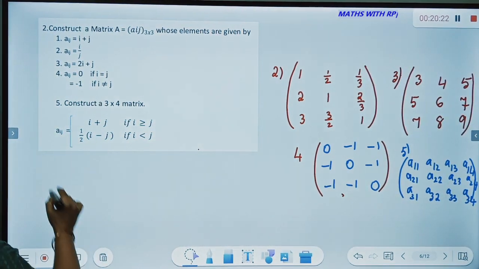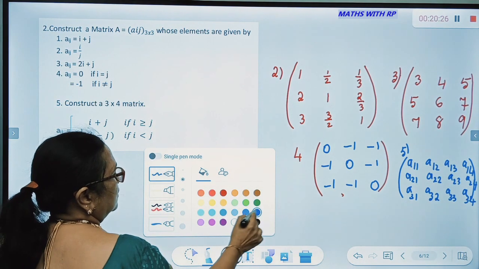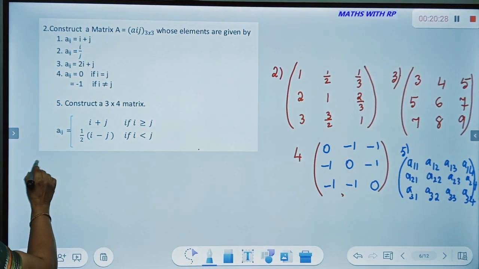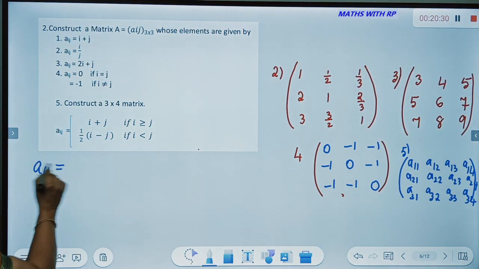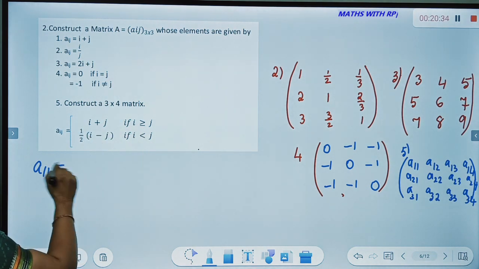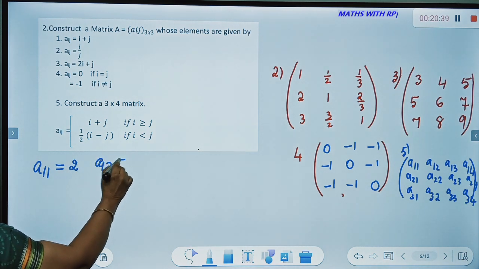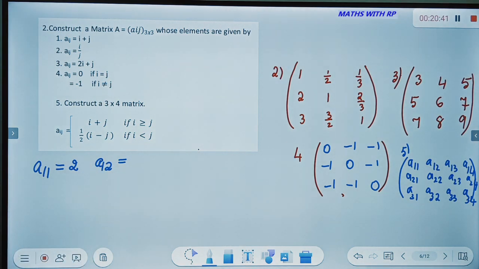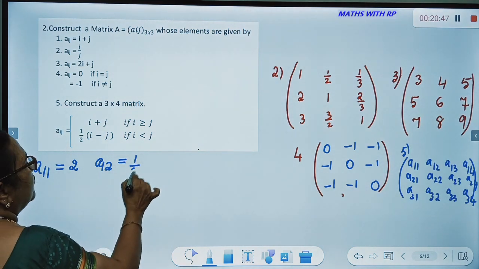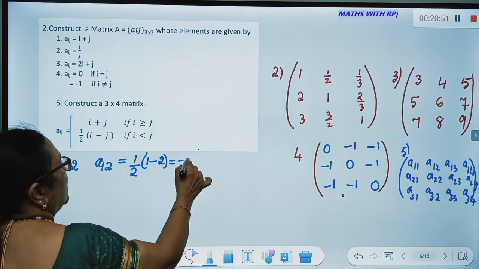Okay. Now what will be A11? Now A11, if you observe, is i greater than or equal to j? It is i plus j, so it is 2. What will be A12? Is i greater than or equal to j? No, i is less than j. So half of 1 minus 2, which is minus half.